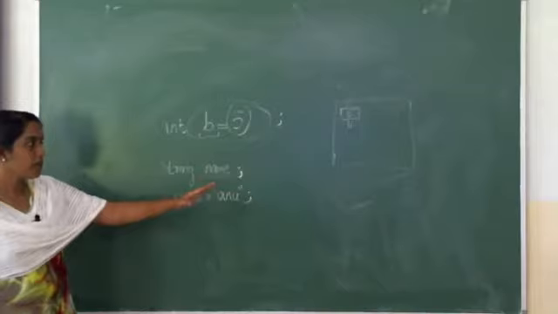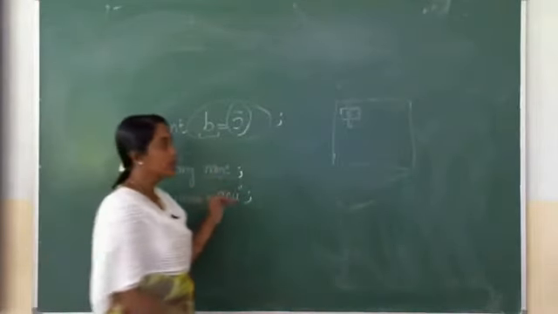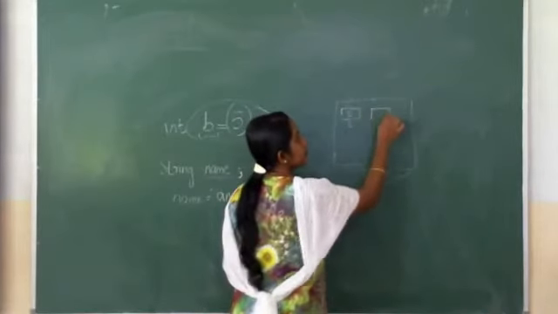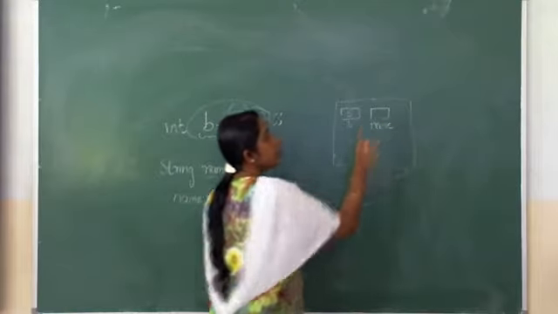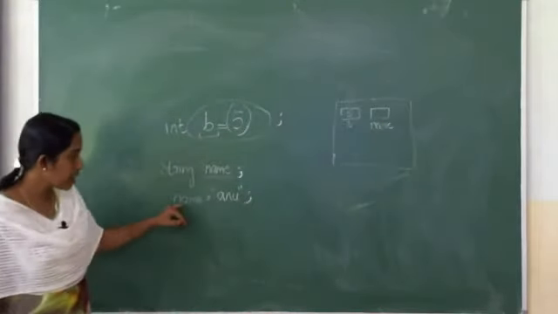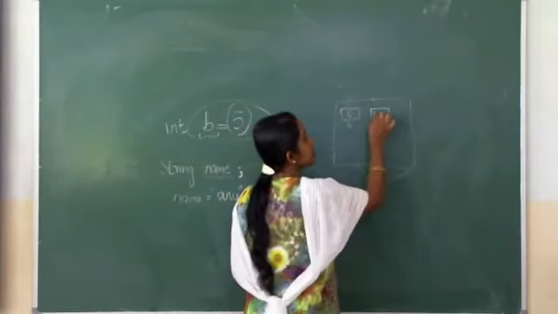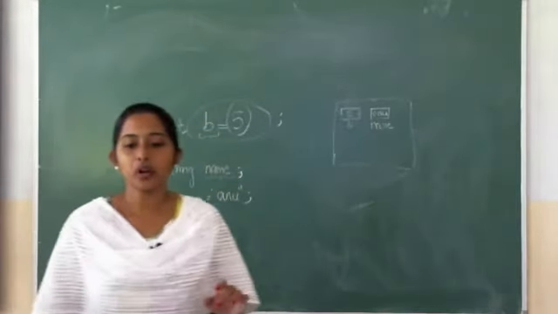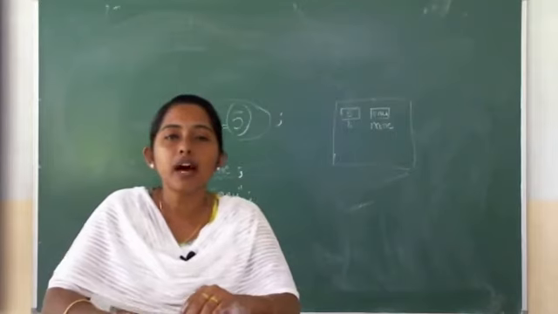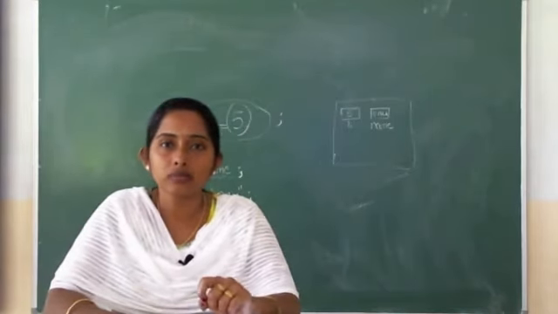In the computer memory, it will create a memory with the name name. And what will be the value for that name? We give Anu. So that value it will write inside this memory location. Hope you all are clear how to declare a variable in a Java program.